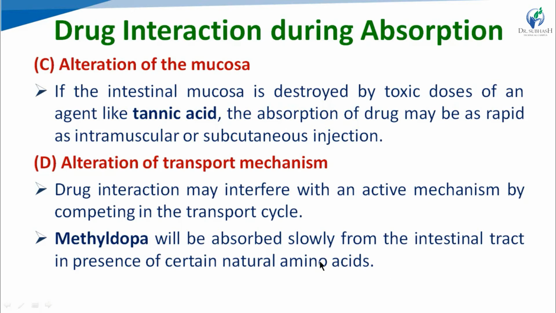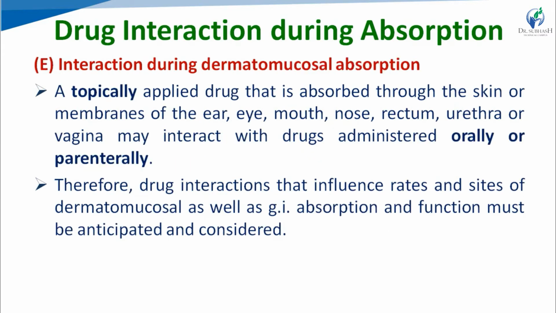That means this is competition of the transport mechanism. If there is a presence of amino acid, then it will compete with the methyldopa, and due to that there will be slow absorption of the methyldopa from the intestinal tract in the presence of natural amino acids due to their transport mechanism. So this is regarding the transport mechanism, absorption.